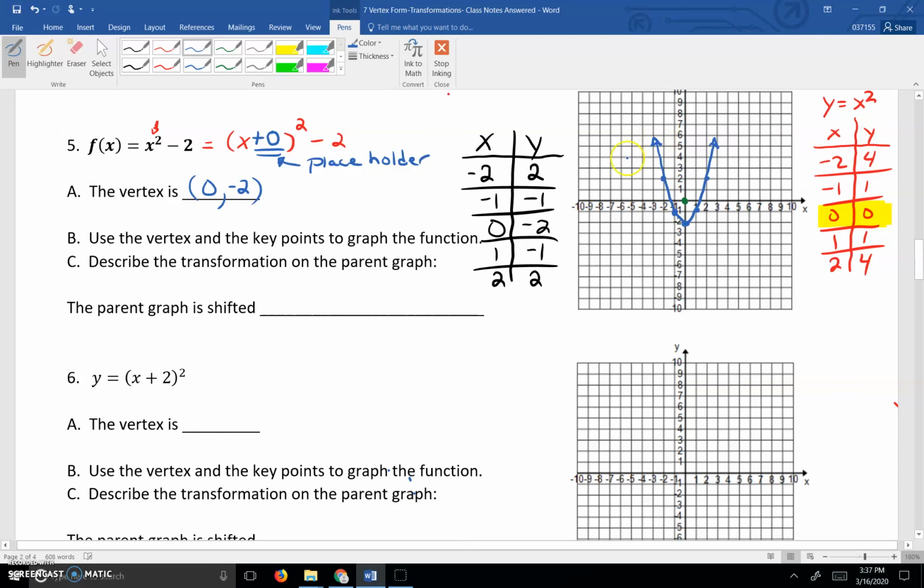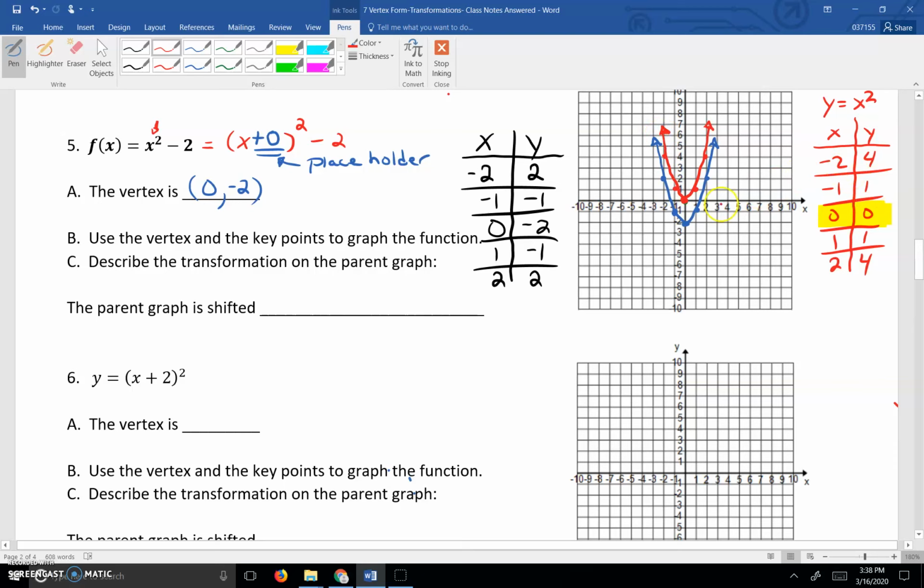Now again, if I wanted to compare it to the parent function, I could graph this y equals x squared function. So negative 2, 4, negative 1, 1, 0, 0, 1, 1, and 2, 4 are right here.